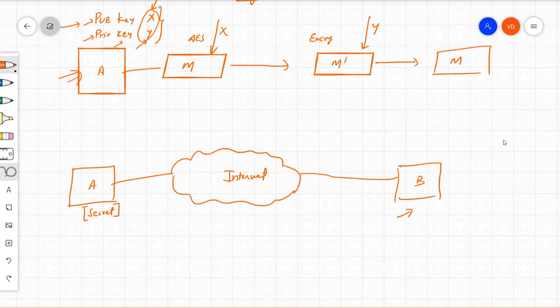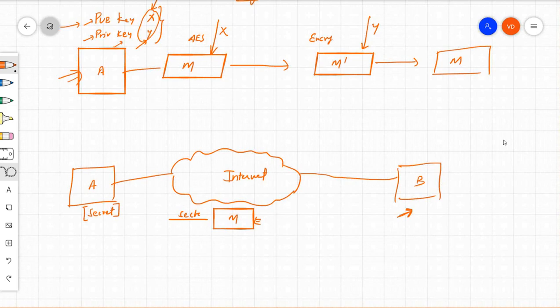So if I want a communication between A and B, and if A encrypts all my messages using this secret, I would require the same secret here at B also. Otherwise, I won't be able to decrypt this message. It is as simple as that. So how are we going to do that?